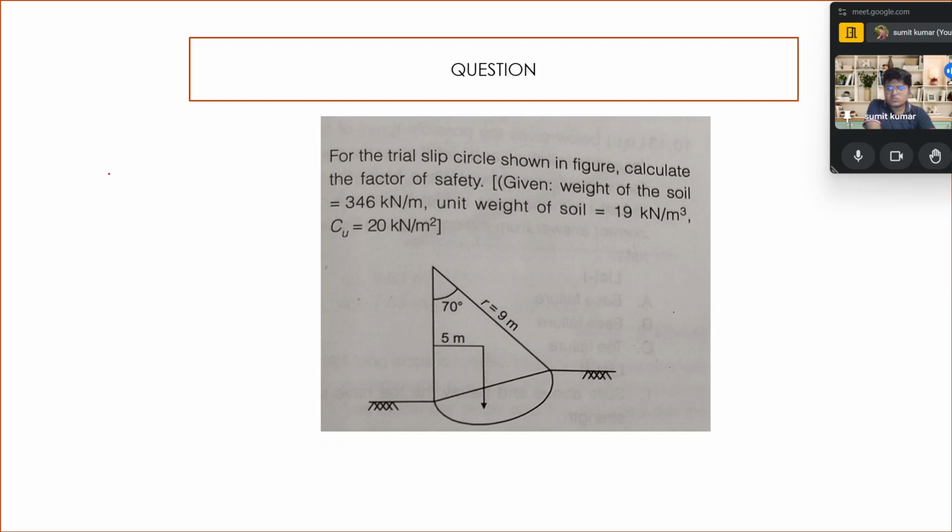So you read a relation to calculate the factor of safety, which is equal to C into summation of L plus summation of N tan phi, divided upon summation of W into what?